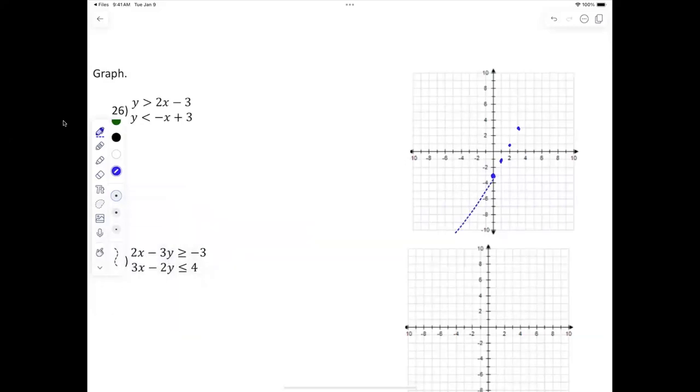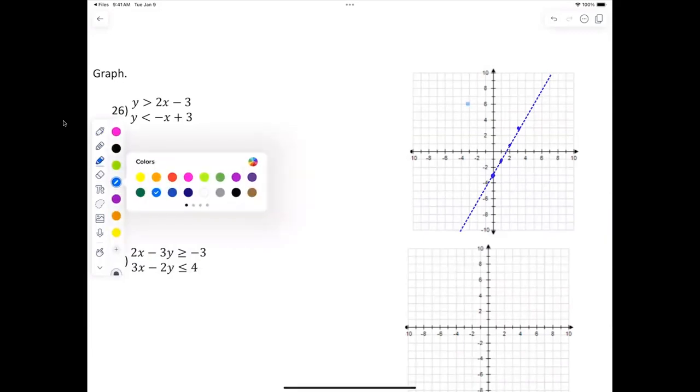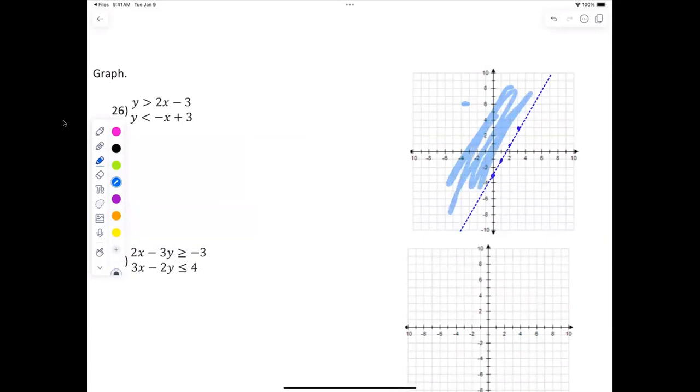I'm going to try to get my dotted line going here. And now, where am I shading this, please? Above. Shading is above.